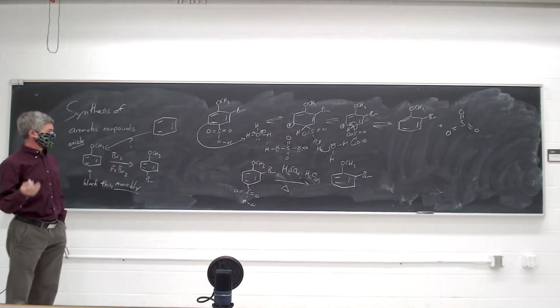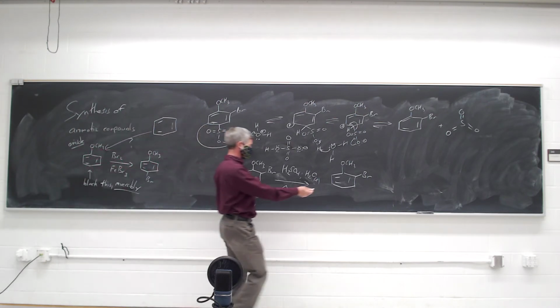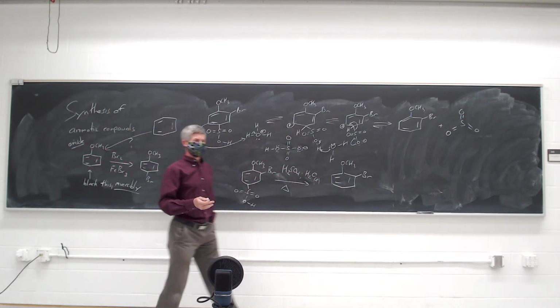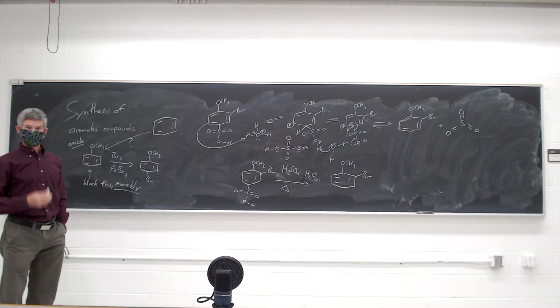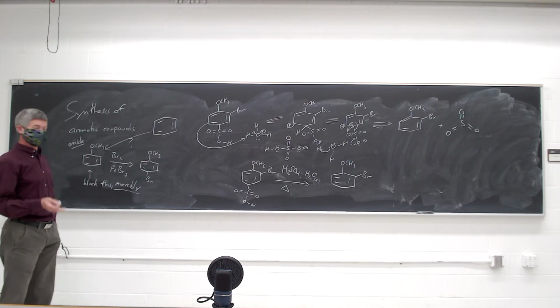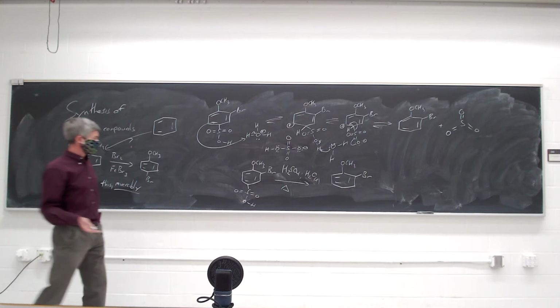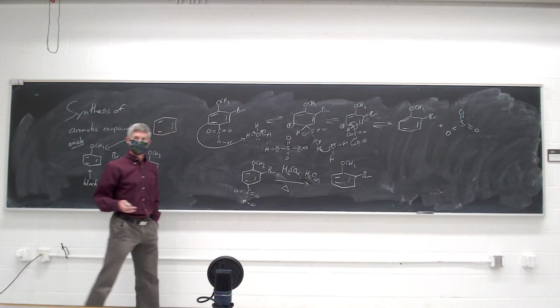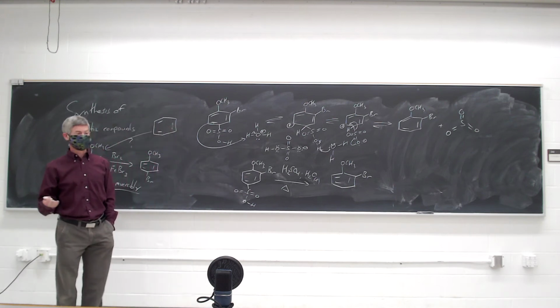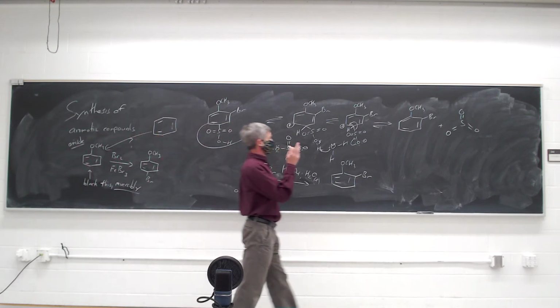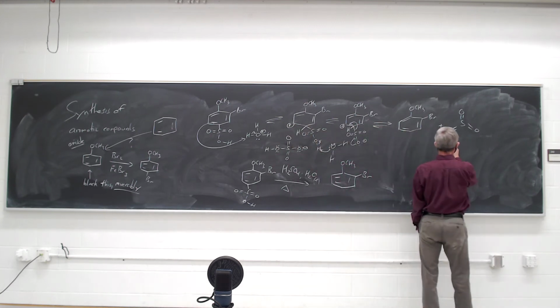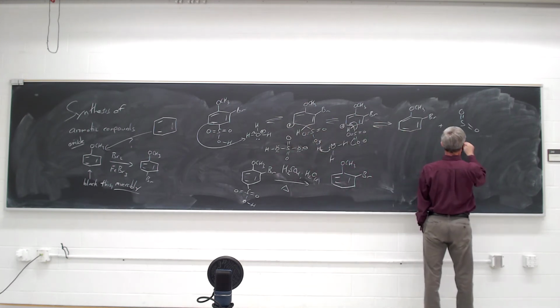So why does the equilibrium lie towards the unsubstituted benzene in the case of dilute sulfuric acid, whereas in fuming sulfuric acid, the equilibrium lies towards the SO3H group being attached to the benzene ring? The reason is because sulfur trioxide reacts very quickly with water.